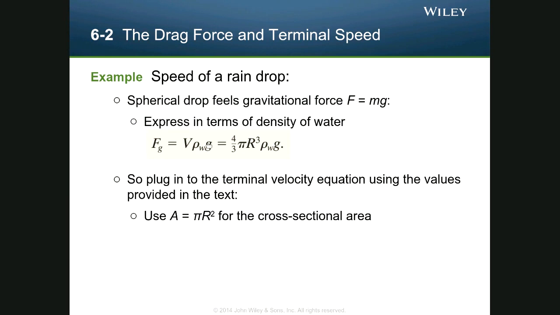The volume of a sphere is 4/3 pi r cubed. These are all known things. The only thing we'd have to do is guess and estimate the radius of a rainwater drop.